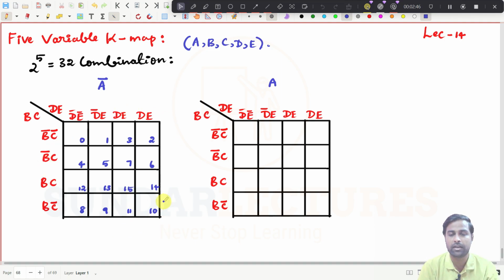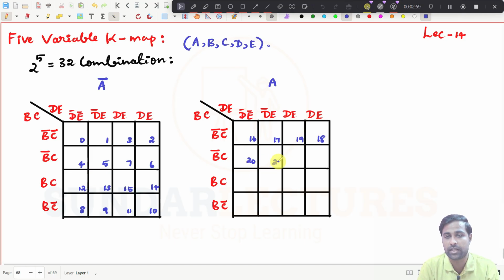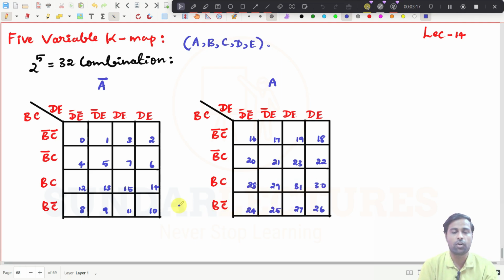This is for a single 4 variable k-map, and you have to start 16 from here: 16, 17, 18, and 19; 20, 21, 22, 23; and 24 starts here: 24, 25, 26, and 27; then 28, 29, 30, 31. So we have written 32 combinations from 0 to 31.